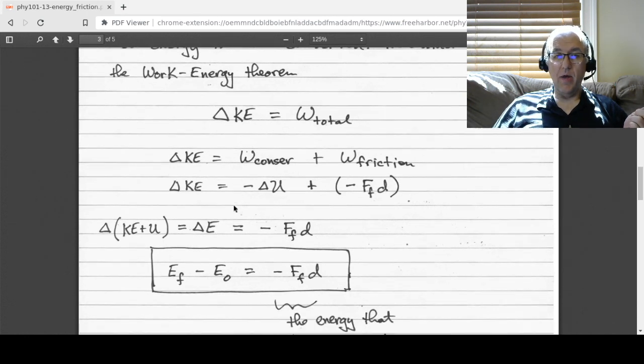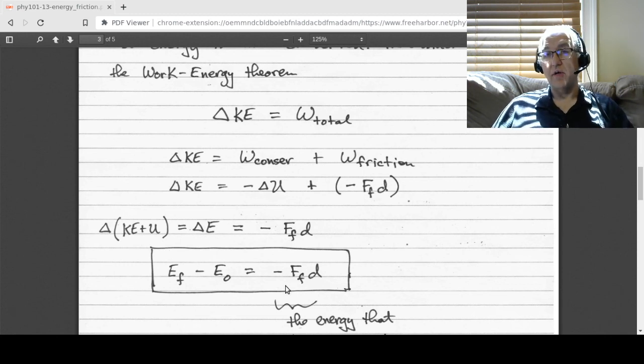Here I've written it out a little bit more clearly. Your change in energy is going to be your final energy minus your initial energy, and that's going to equal minus the force of friction times the distance. So this is our modified form of conservation of energy. Energy is not conserved here.